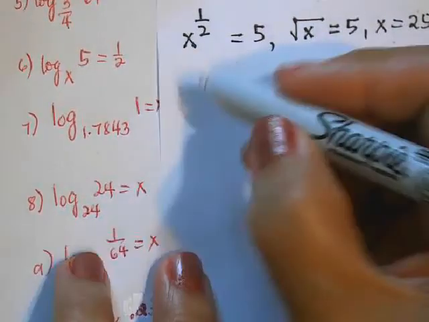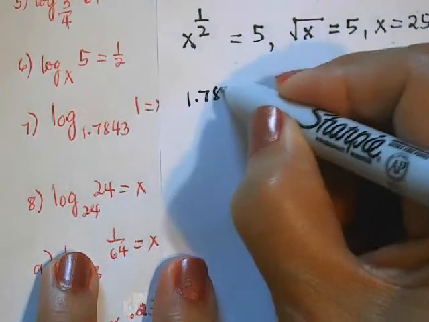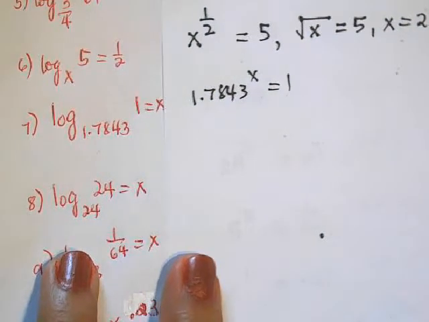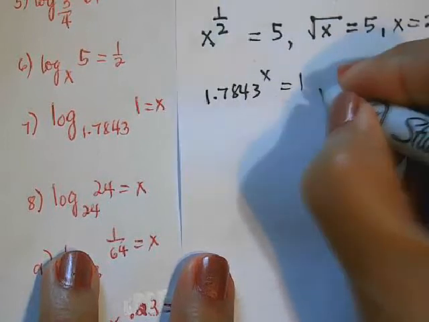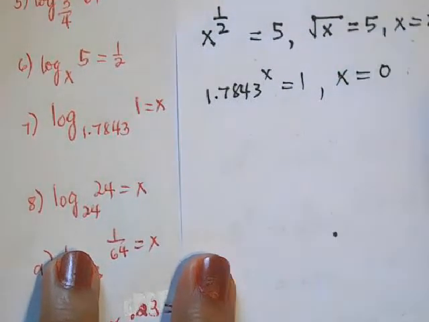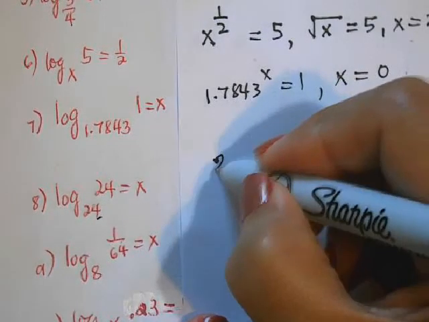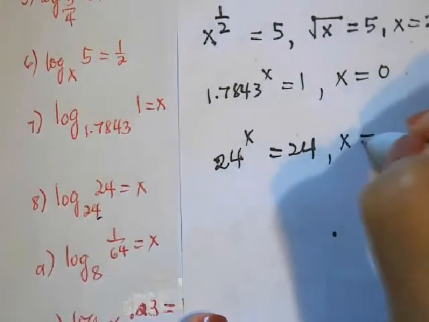Next, this looks complicated, but 1.7843 raised to x is 1. So what is that going to be? Of course, 0, right? Anything raised to 0 is 1. Here, 24 raised to x is equal to 24. x is 1.